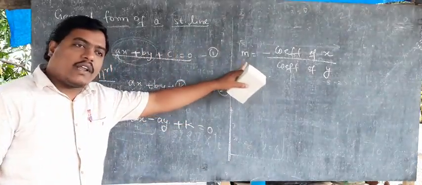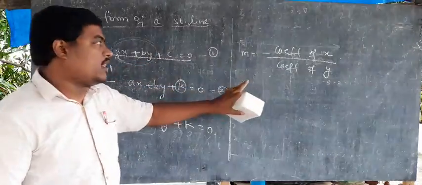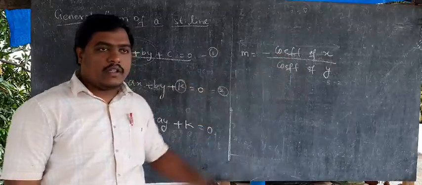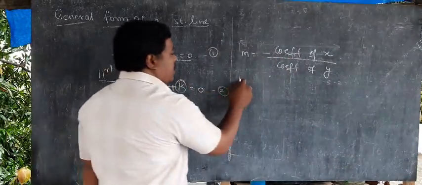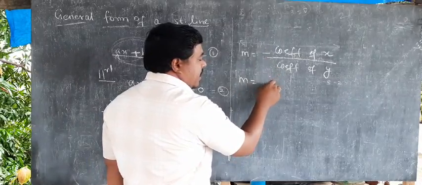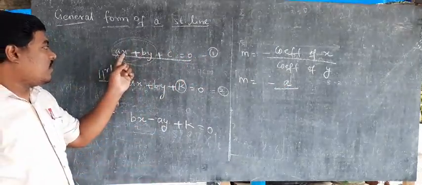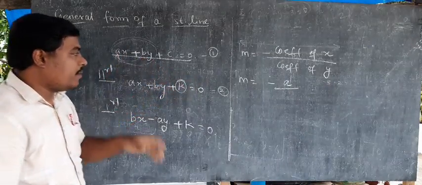Then for a given line equation, to find the slope you just take the coefficient of x and then the coefficient of y. The coefficient of x is A, so m equal to minus, the coefficient of x is A. For y it is b.